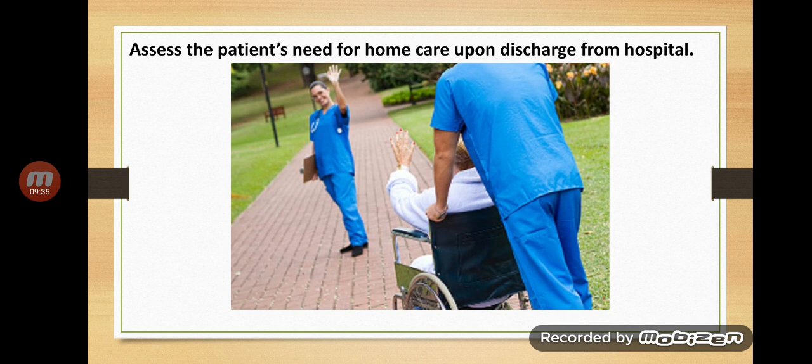So the needs and the requirements will be a little bit different, right? So you have to assess what needs and requirements the patient is having at the time of discharge. All those needs you have to find out, and then tell those requirements to the caretakers or the family members who are going to take care of the patient at home, so that they can take care of the patient properly. Okay.